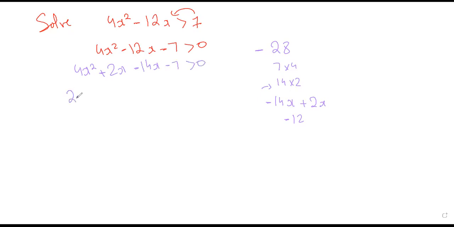I can take 2x common because I have 2x common in both of these. 2x plus 1 minus 7 because I have 7 in both of these. 2x plus 1 greater than 0. What am I getting? 2x minus 7, 2x plus 1 greater than 0.